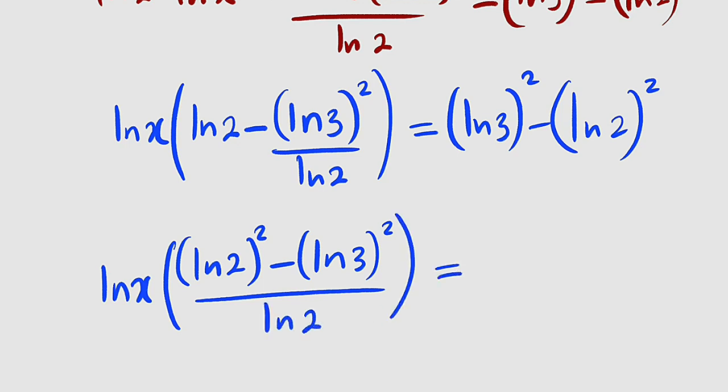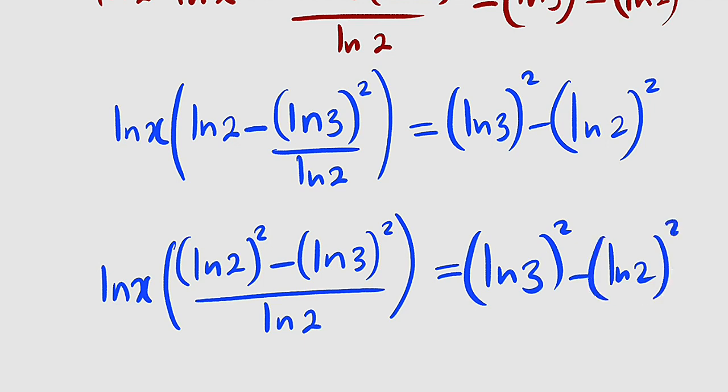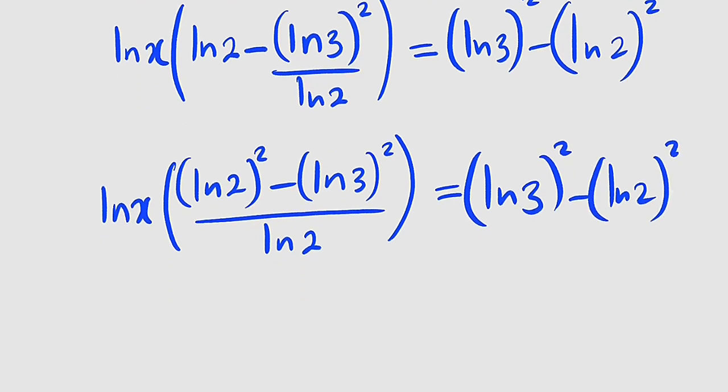And on the right hand side, we have ln3 all squared minus ln2 all squared. One thing you should observe here is that on the right hand side, we have ln3 all squared minus ln2 all squared. But on the left hand side, we have ln2 minus ln3 all squared instead of ln3 before ln2. So we can make this one negative.